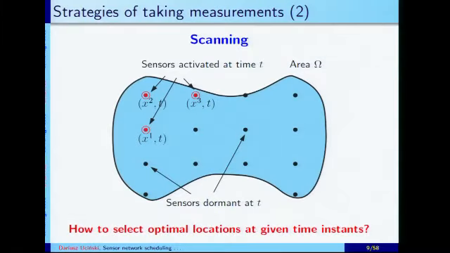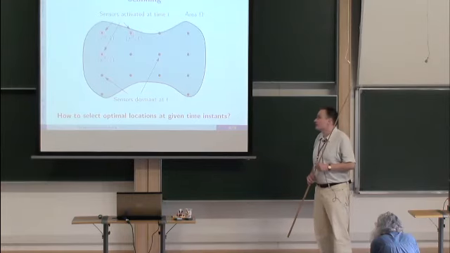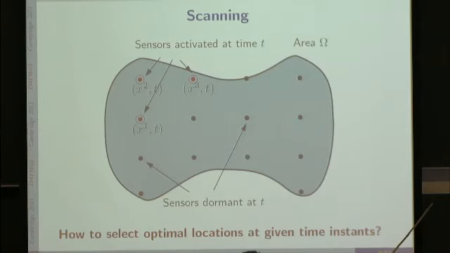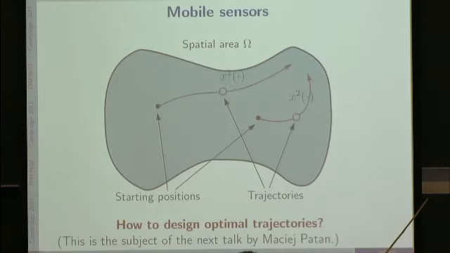The others remain dormant. The reason for using not all the available sensors, but only some subset of them, is the reduction of the complexity of the whole system, of the cost of maintenance and operation. So the question is, which sensors should be activated at a given time moment?